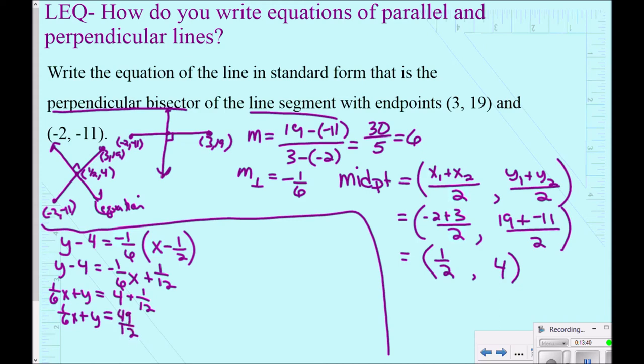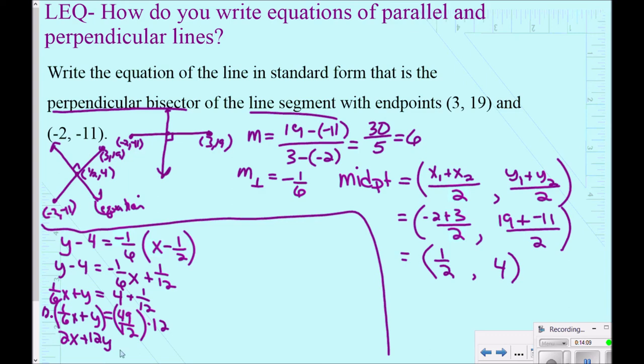49/12ths. Now, I know that that needs to be in standard form, so I need to get rid of those fractions. So I'm looking at the denominators, 6 and 12. The least common multiple is 12. So I'm going to multiply both sides of the equation by 12. And when I do that, 12 times 1/6, 12 divided by 6 is 2, 2x. 12 times y is 12y.